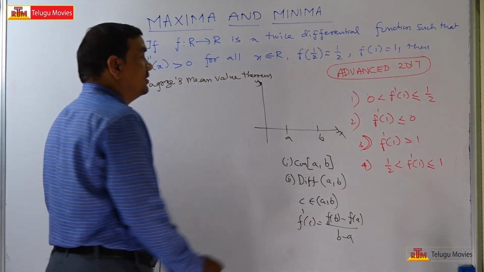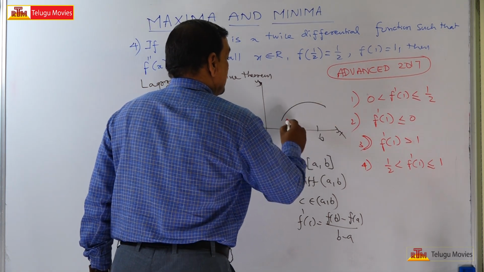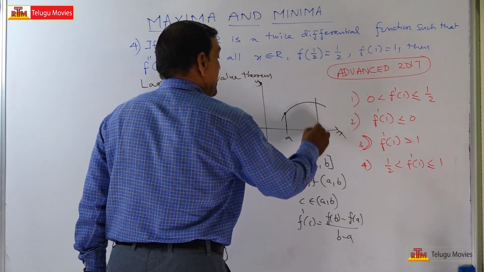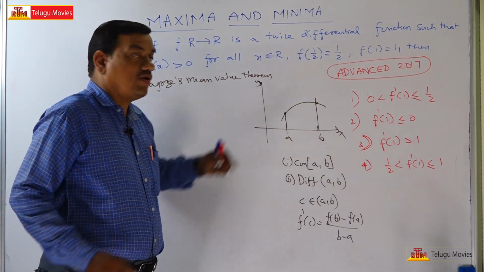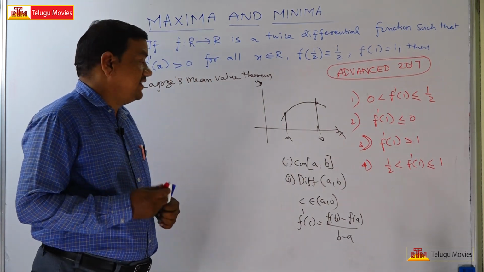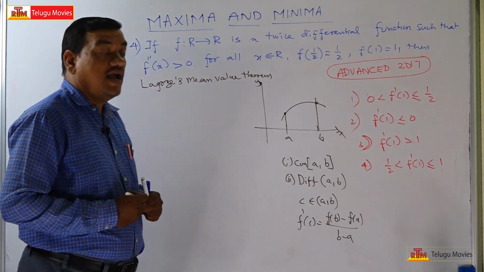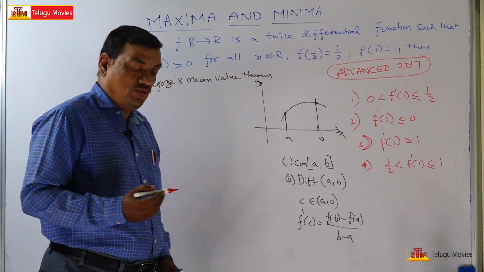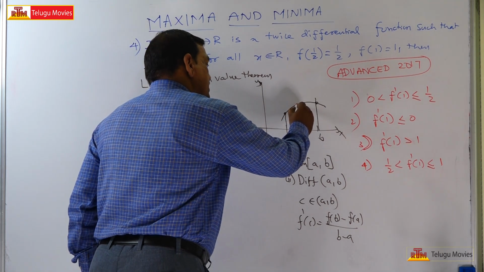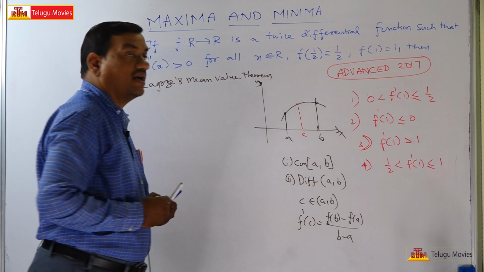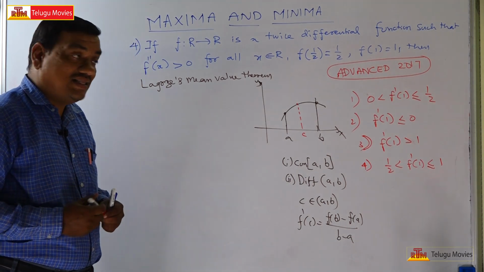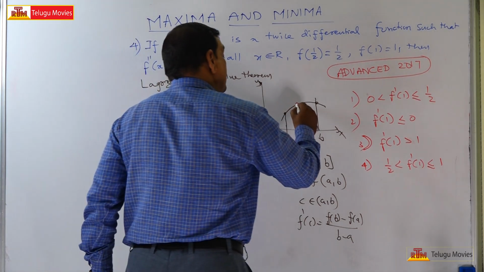That means what? There is a function here. So here it is f of a and it is f of b. He is saying there exists a number c belonging to the open interval a comma b such that f dash of c.